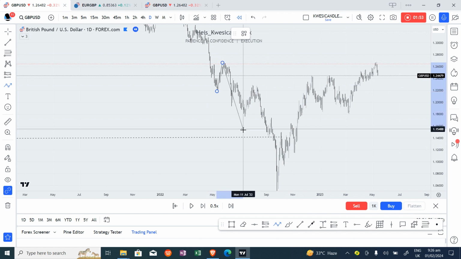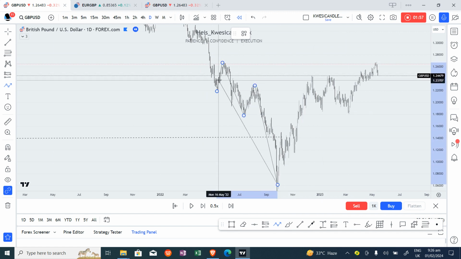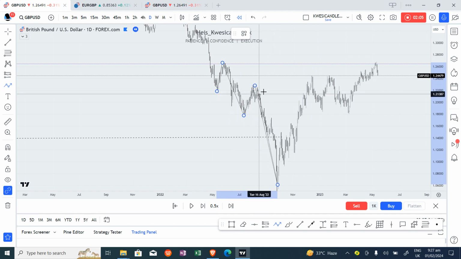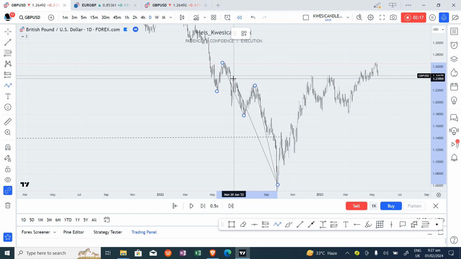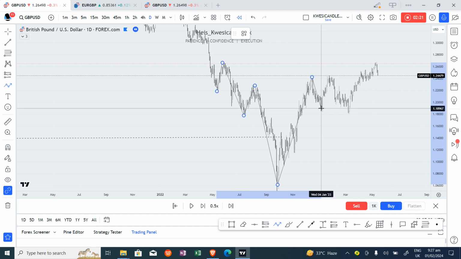You can see we got this push to the upside, came back down, then it took out this high, which was almost like equal highs. The market just took this high, which was our actual inducement or actual liquidity. Then it goes up to clear this one too. Then you can see that we had a push to the downside.